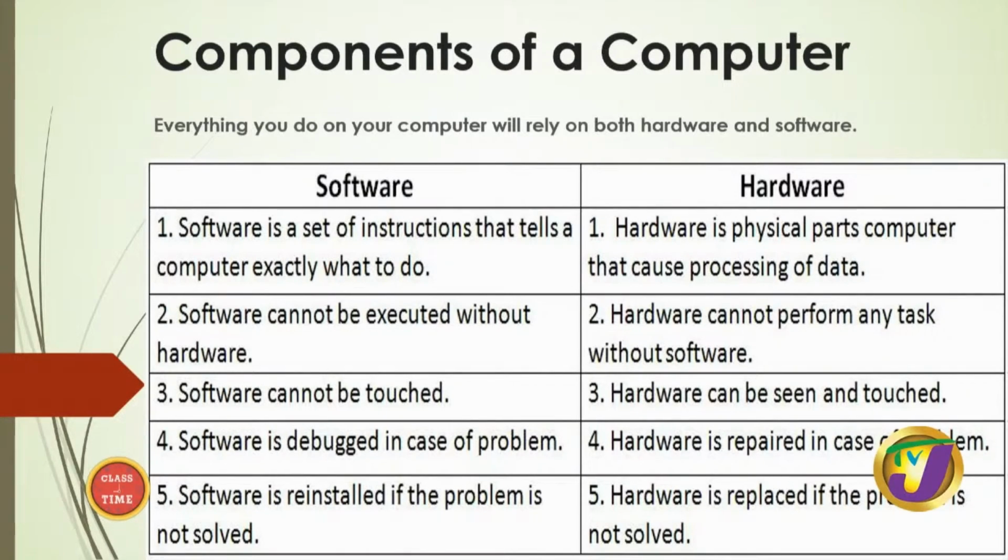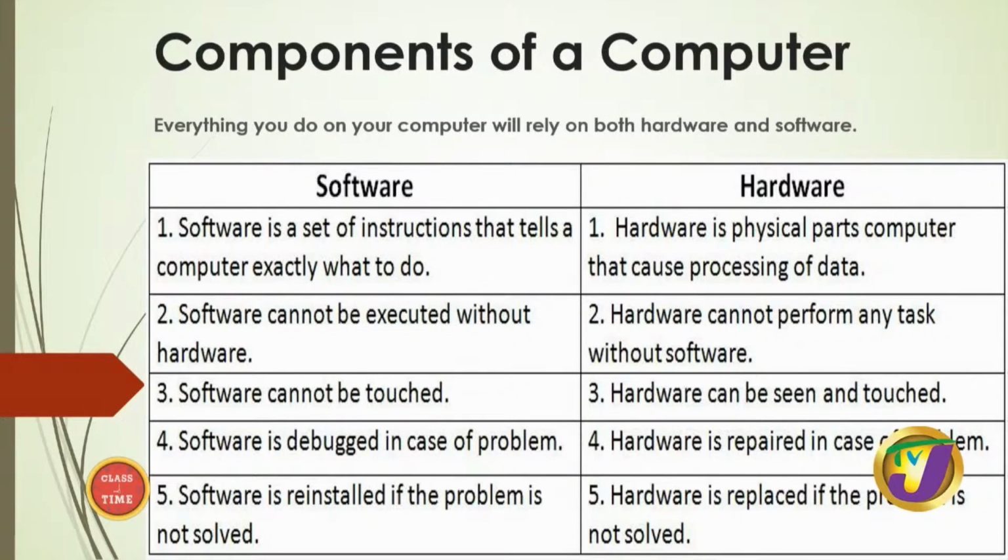And the hardware is the physical part of the computer that enables the software to carry out all the instructions. Software cannot be executed without hardware, and hardware cannot perform any task without software. So these are the differences between software and hardware.